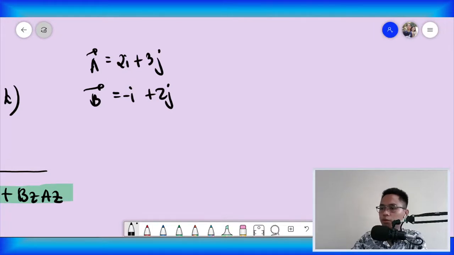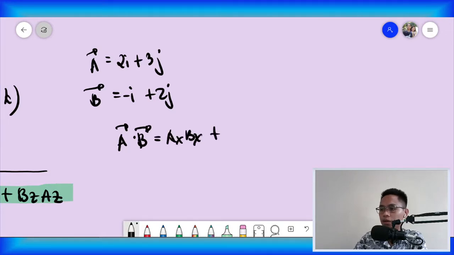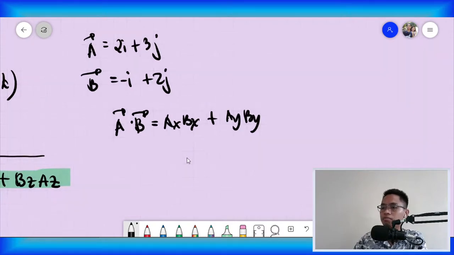So, A dot B is simply AX BX plus AY BY. Since we have no Z, we can leave it out. Again, what we need to remember is that everything with x, we multiply; everything with I, we multiply. This would be 2 times negative 1, plus everything with j, so 3 times 2.